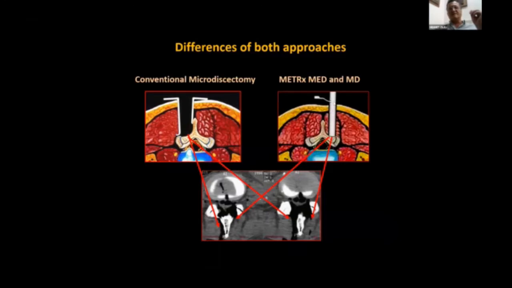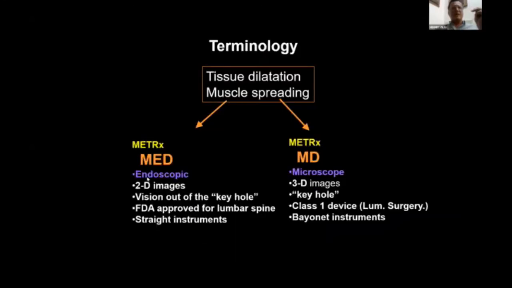However, in this instance, you then place a tube by dilation of the muscle. So then less injury is possible for the muscles. At the beginning, they have used endoscopy, but they then switched to microscope.